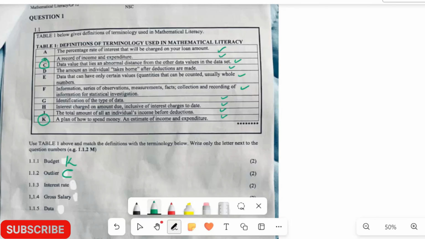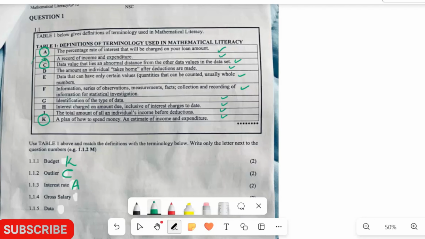So a percentage charged on a loan is the interest rate. And looking at this, that would be A, because A says the percentage rate of the interest that will be charged on your loan amount. So 1.1.3 is A.